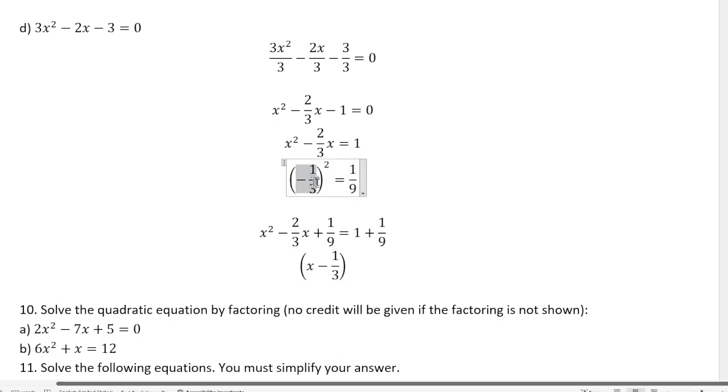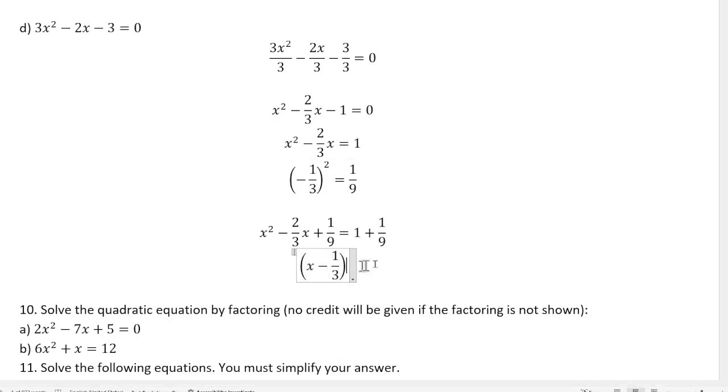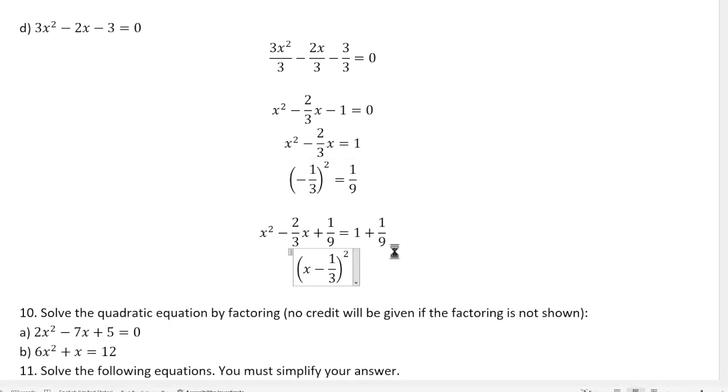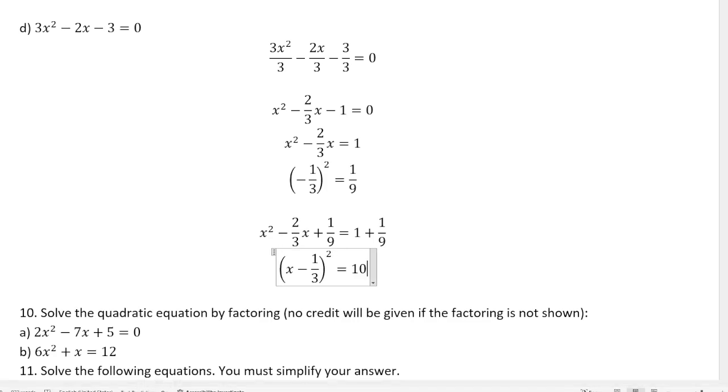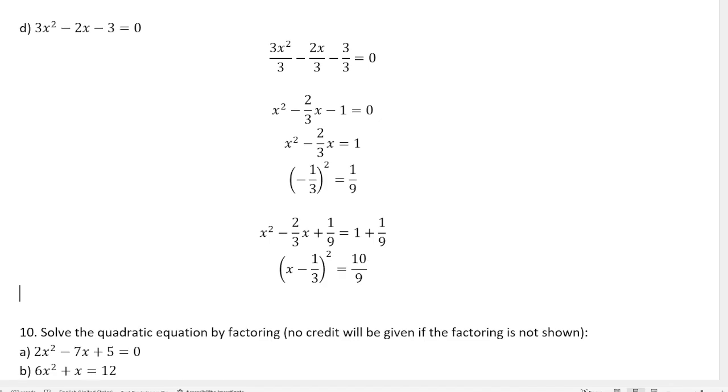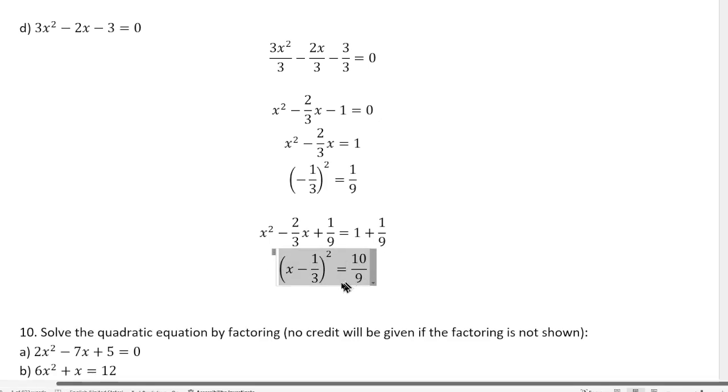See this number right here, that's the one that goes in here. And then this 1 is 9 over 9, so 9 over 9 plus 1 over 9 is 10 over 9, right? So this is going to be 10 over 9 on the right side. Take the square root of both sides.